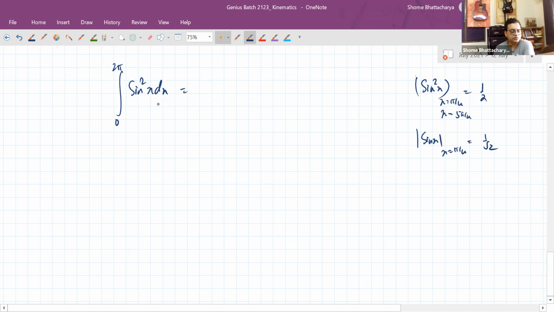So here, if you calculate the area, you'll have to use 1 minus cos 2x. So this will come out to be x by 2 minus sine 2x by 4.